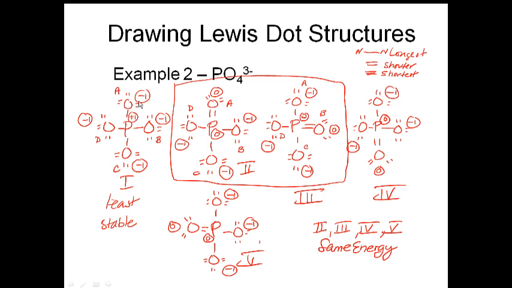There's an additional +1 and -1 charge. So there's more charges in this resonance structure than there are in resonances 2, 3, 4, and 5. And so therefore the resonance hybrid would most likely resemble an average of 2, 3, 4, and 5, and number 1 would contribute very little to the resonance hybrid.